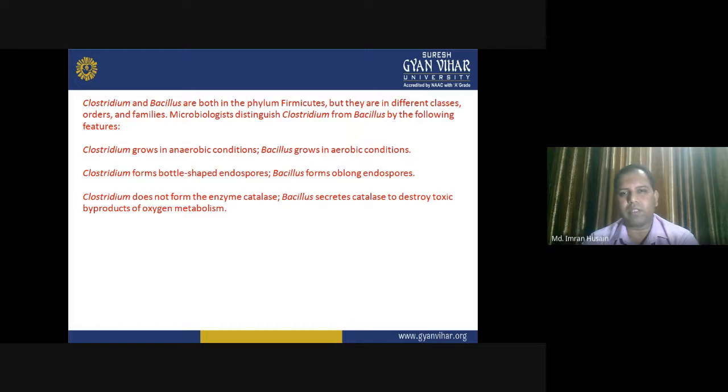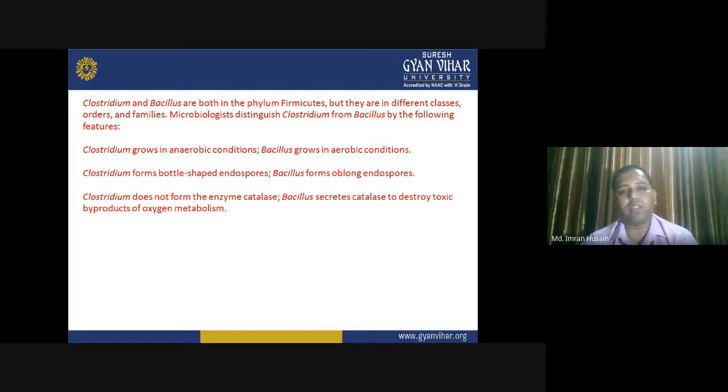Okay, Bacillus secretes catalase to destroy a toxic byproduct of oxygen metabolism. So, catalase enzyme is a specialty of bacteria that live in aerobic conditions, and they readily produce it in order to destroy the byproducts caused by oxygen metabolism.